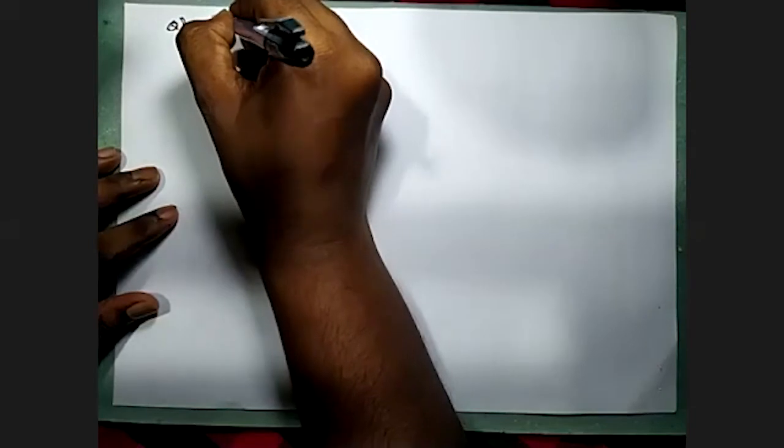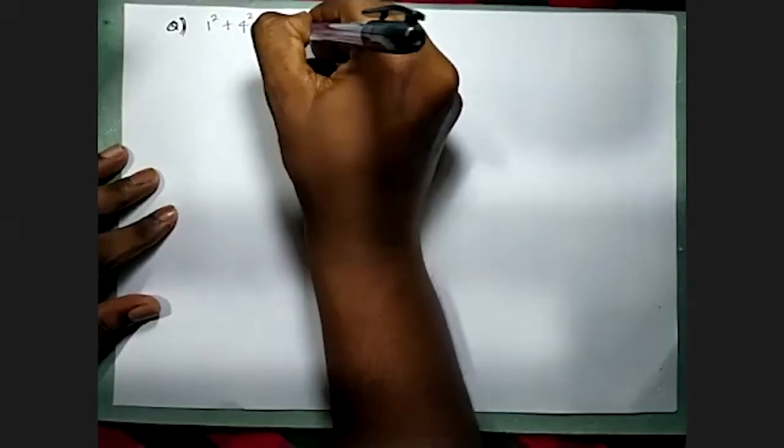Now the series, this is not in your textbook. As an example, 1 square, 4 square, 7 square. This is the series. Okay, can you see?